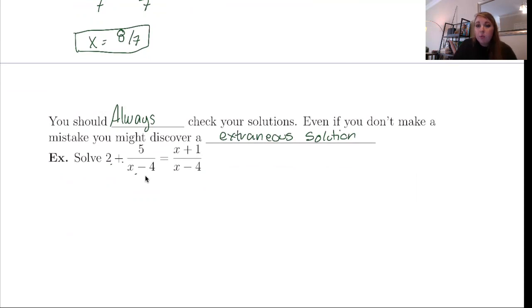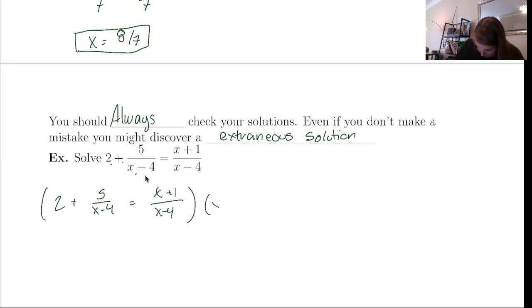I'm not going to go through the whole process of combining them; like earlier, we can just multiply by x minus 4. So we'll go 2, 5, x minus 4, equals x plus 1, x minus 4.